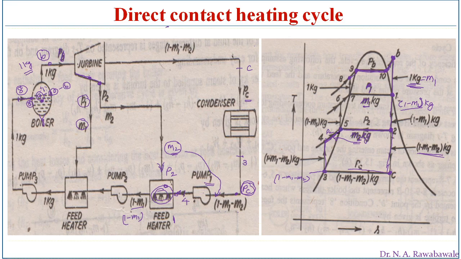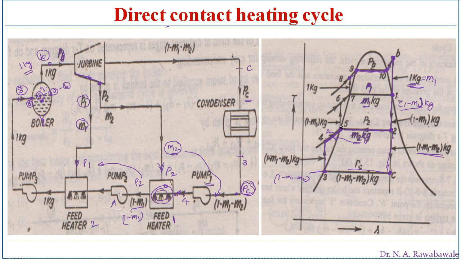Again here, this condensate is supplied to the second feed heater 2. Here it was at pressure P2, now the pressure has to be increased to P1 because this steam is coming at pressure P1. So the second pump, pump 2, increases the pressure from P2 to P1.